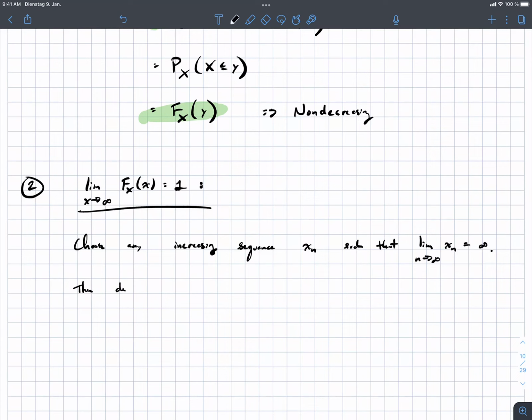Then we can define sets, say An, for n greater than or equal to 1.